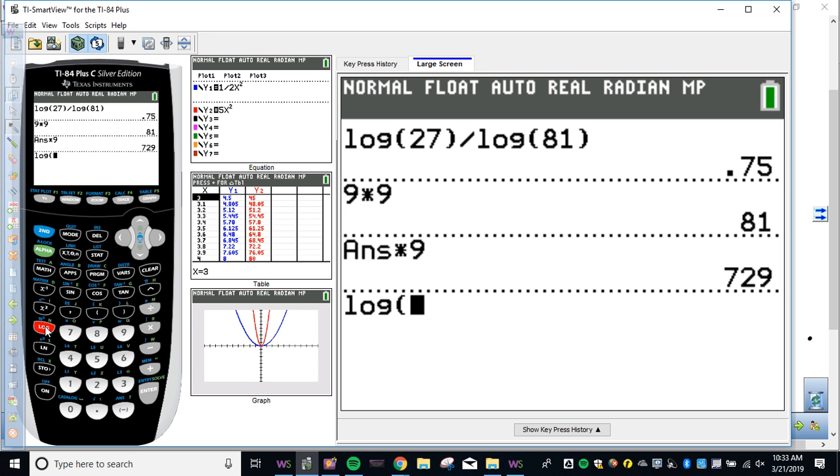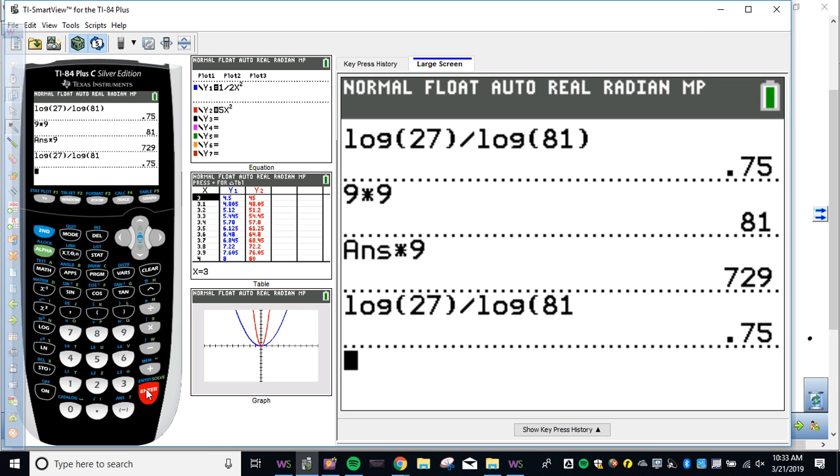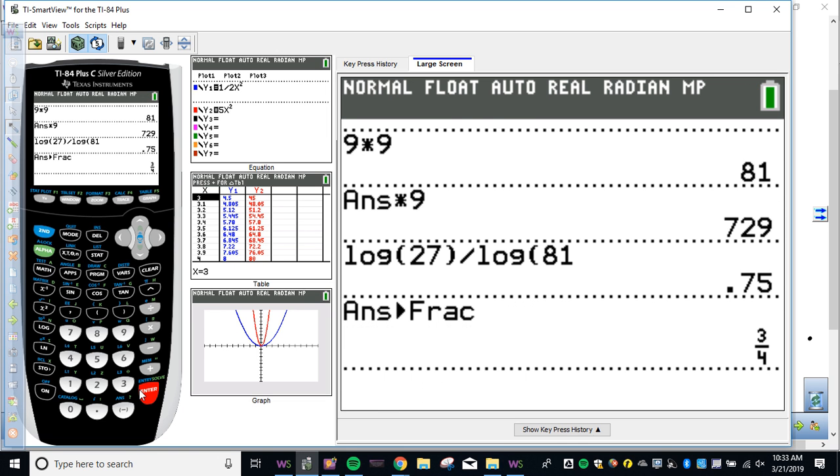So log 27 divided by log 81, like this, 0.75, right? You can put it as a fraction, that's fine too, okay? So log, just copy this.